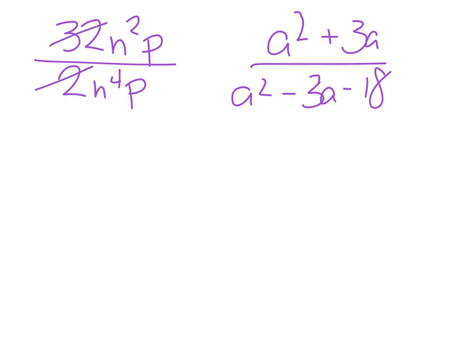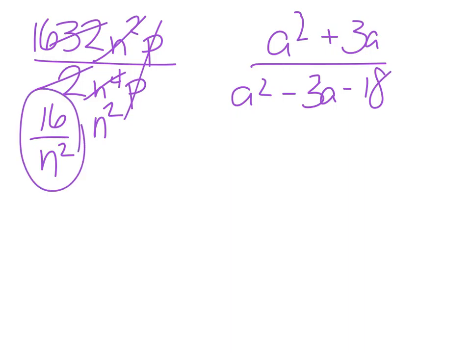So like 2 and this, that becomes 16 up here, and n squared, n to the 4th, that one goes away, and this becomes n squared. Subtracting exponents, 2 minus 4, you get n squared on the bottom. And then these actually just cancel out. So what you have is 16 over n squared. That is the simplified expression, by the way.